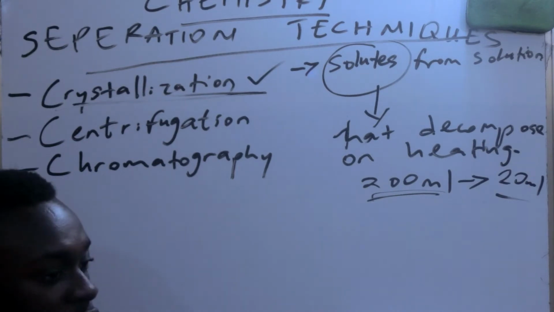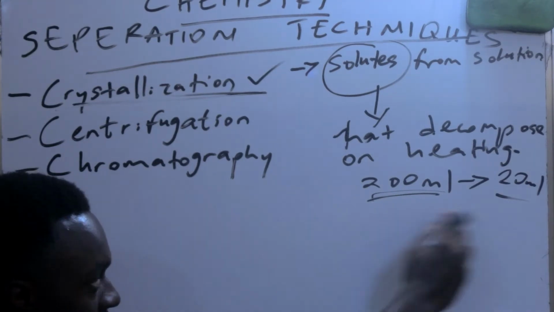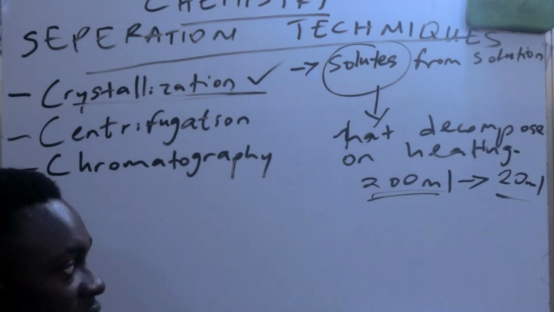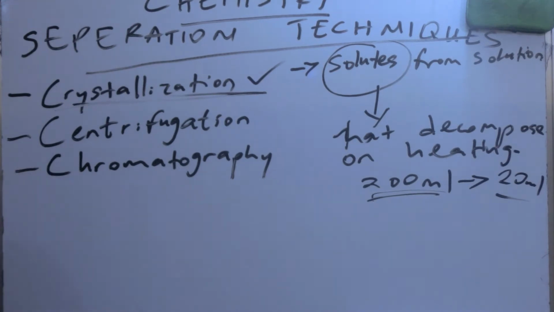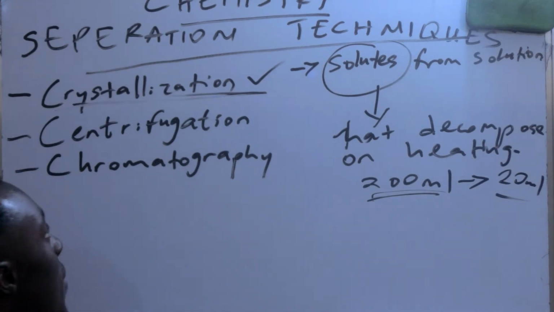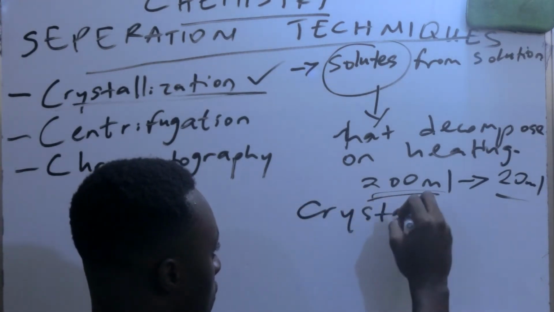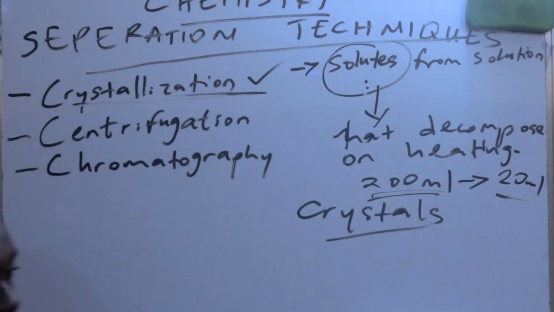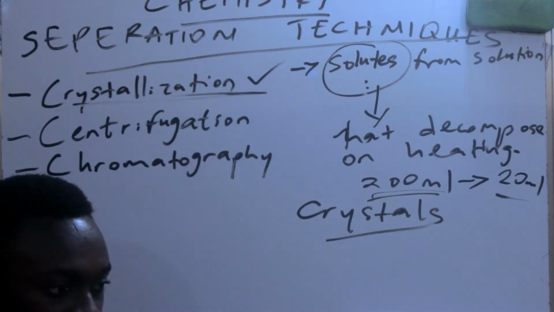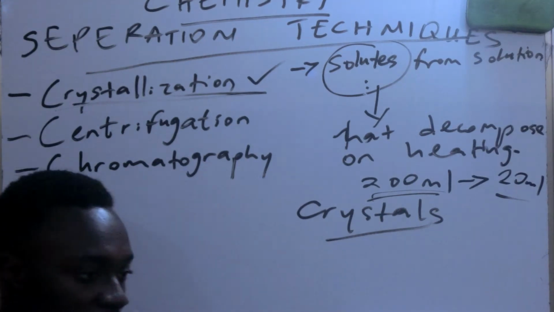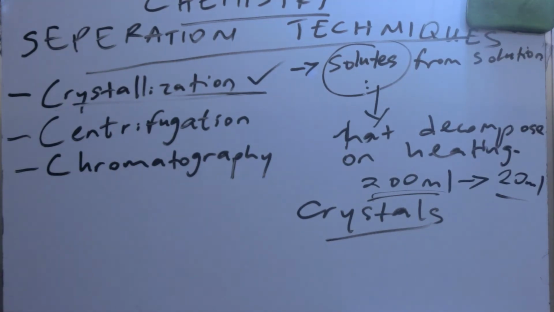So the solution is much more concentrated. When you now allow it to cool, crystals of the solute, or that salt you are trying to separate, begin to form, and then it is collected. So that is how crystallization is carried out.